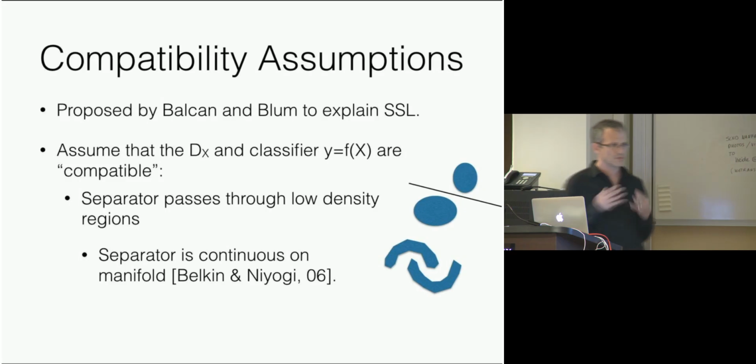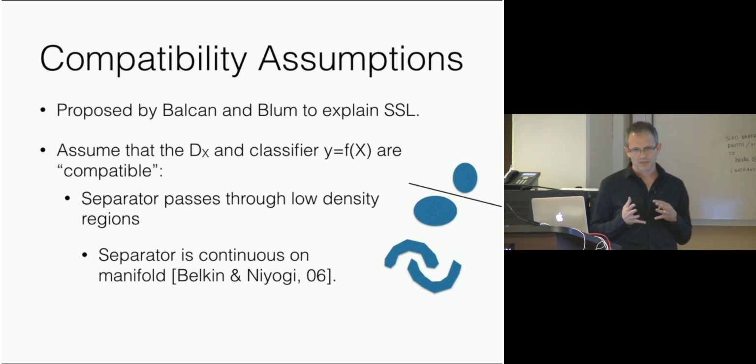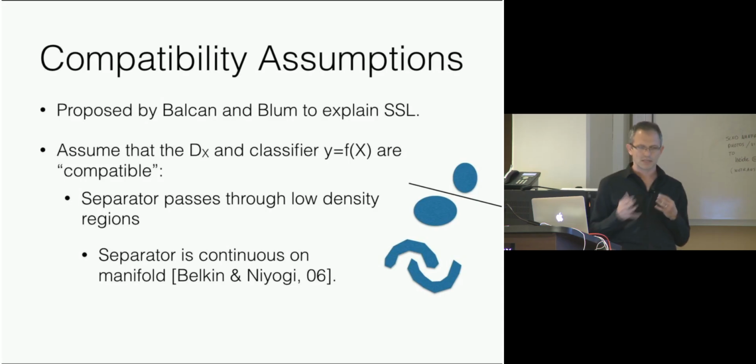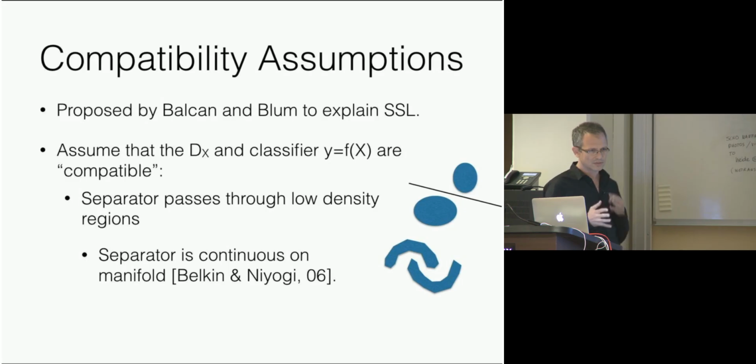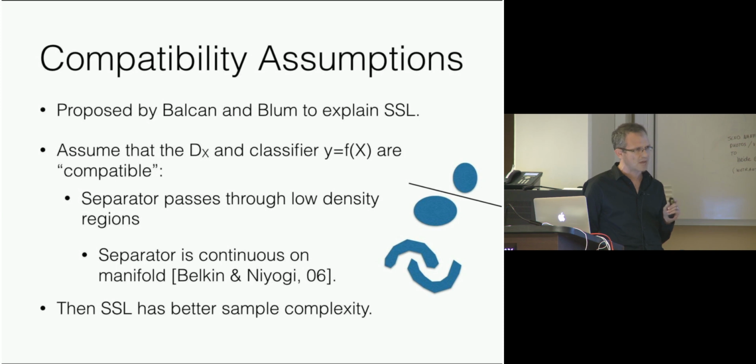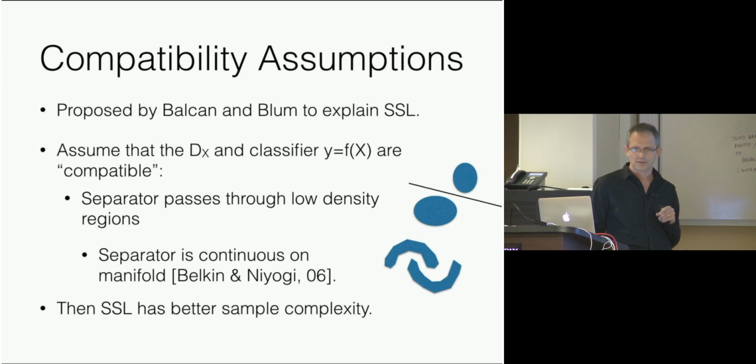Then again you say that the data distribution is compatible with the classifier, and therefore you can learn with less data if you know the data distribution. So these are two examples of compatibility. Namely, they assume that the data distribution conveys some information about the classifier. So these two are correlated. And in this case, you can show that there's a sample complexity gap, which depends on how compatible things are.